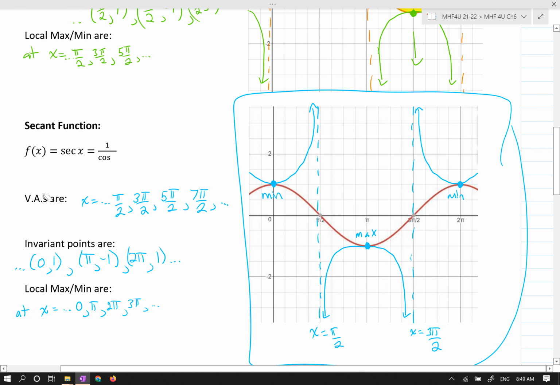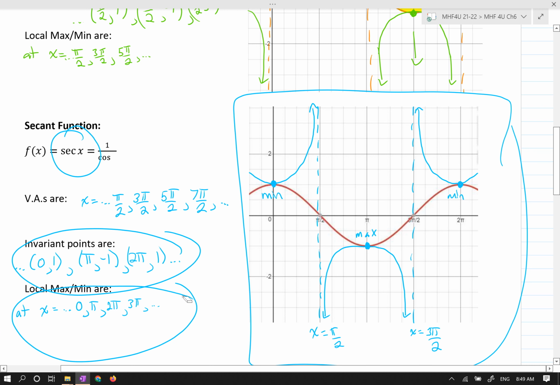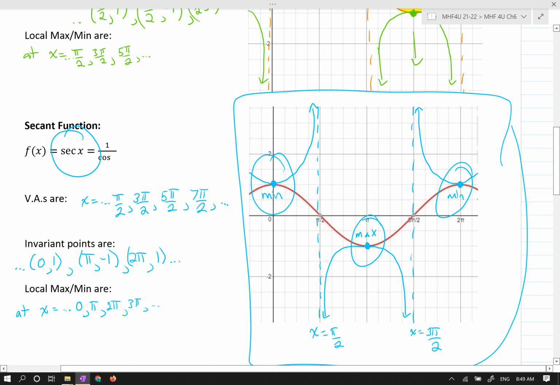We're able to recognize there are going to be no roots of our secant function using the same logic. We're able to recognize our invariant points and our local maximums and minimums using the same logic. You'll notice in here I've labeled the minimum, maximum, minimum. Obviously what I've been labeling is the behavior of the points on my reciprocal function, not on the cosine function itself.